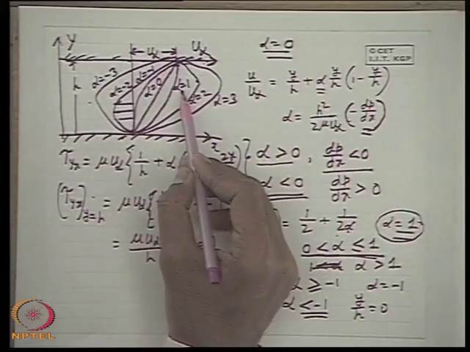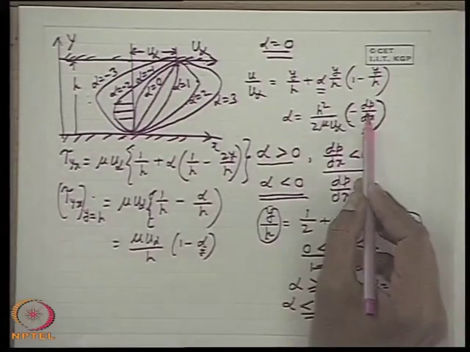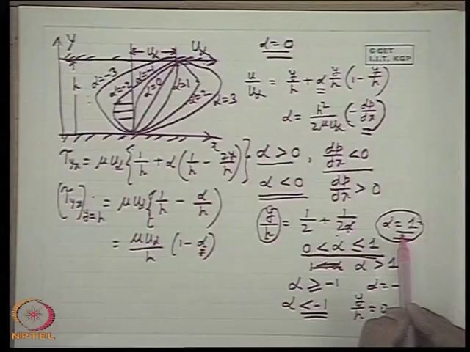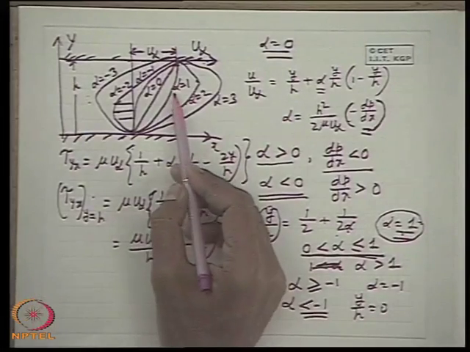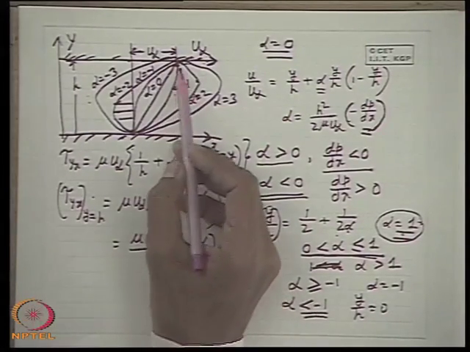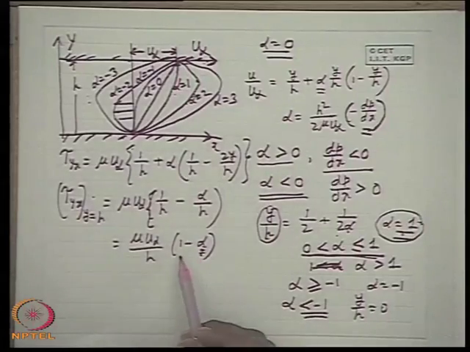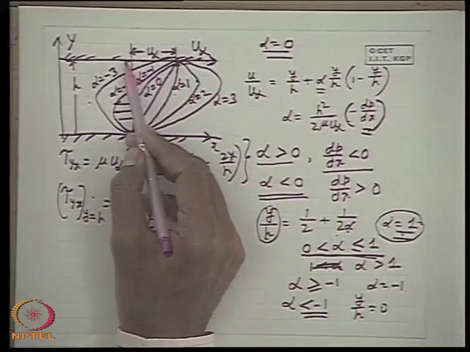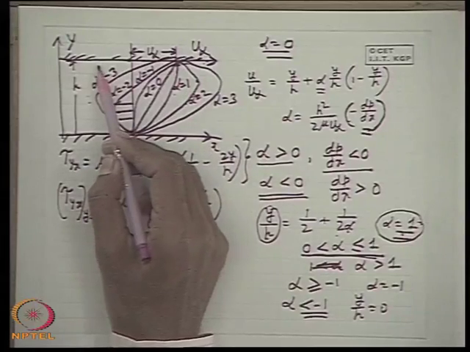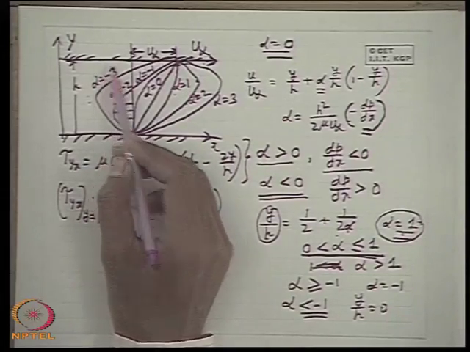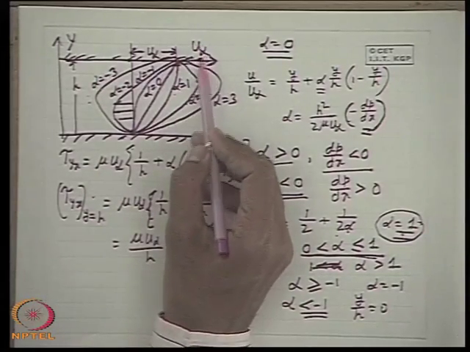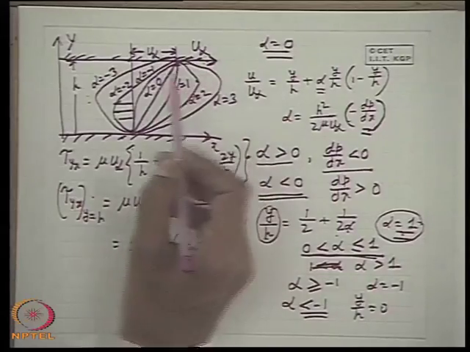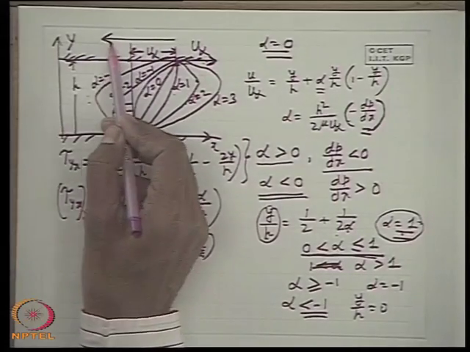So when the value of the favorable pressure gradient, that is minus dp dx, or the value of alpha is more than 1, then what happens? The shear stress changes its direction, negative. That means the drag force acting on this plate will be in the opposite direction, which physically implies that to maintain a velocity u infinity of this moving plate, we have to give a force in the opposite direction. Why?